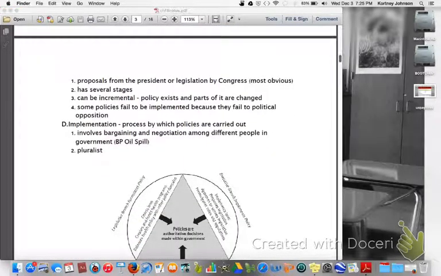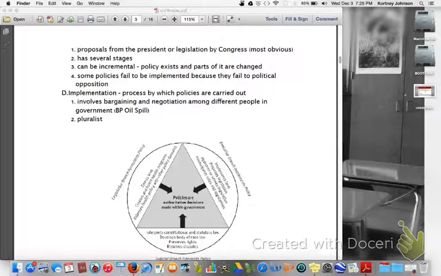Let's see. Know that public policy is incremental. Also, make sure you pay attention to this word pluralist right here. Real important on the word pluralist that you know that most of policy making is a pluralist thing, which means it involves an iron triangle, it involves interest groups, it involves issue networks, and because issue networks and interest groups and the iron triangle deal with pluralist democracy, you're talking about the expertise of people and that you're not getting each individual side.